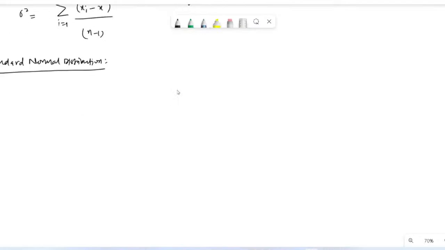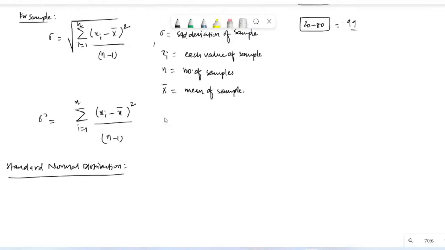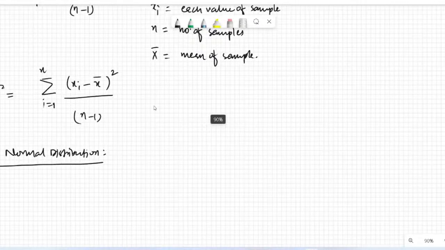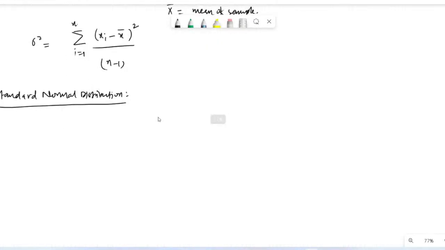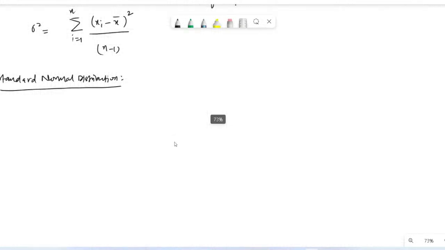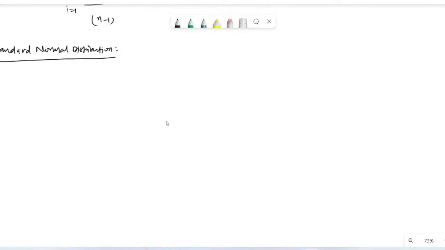It's kind of a transformed one. The earlier one is that when you plot the sample and study it, that is called your normal distribution. But if your data is not normally distributed, you transform it, and that is called your standard normal distribution. And this is a kind of transformation that we apply.